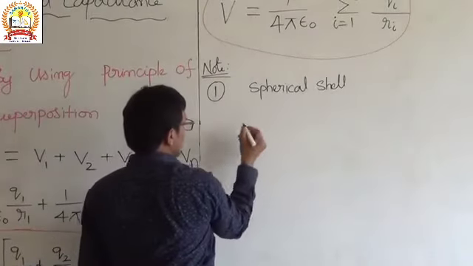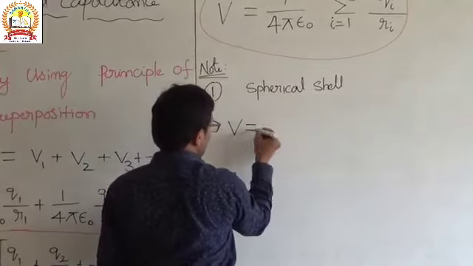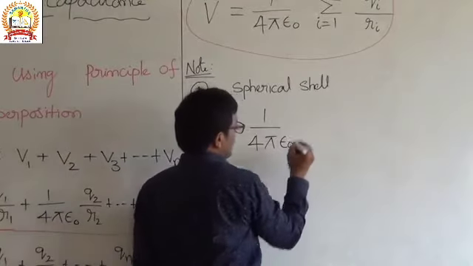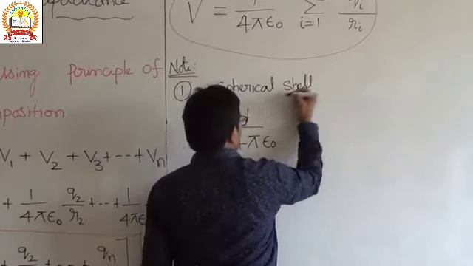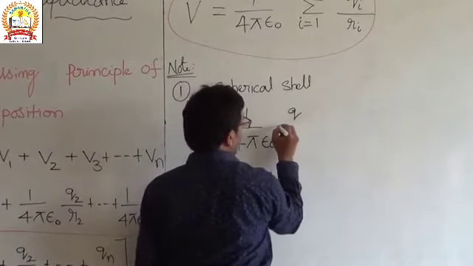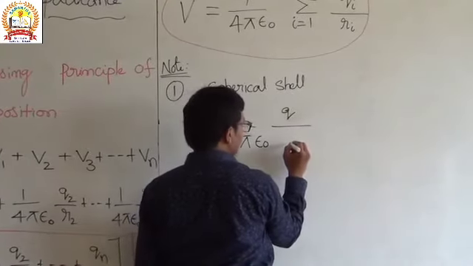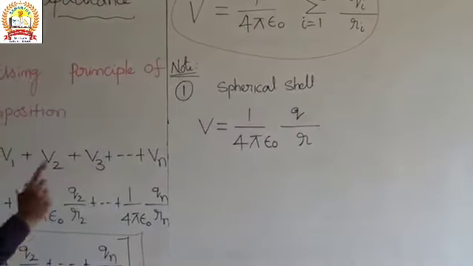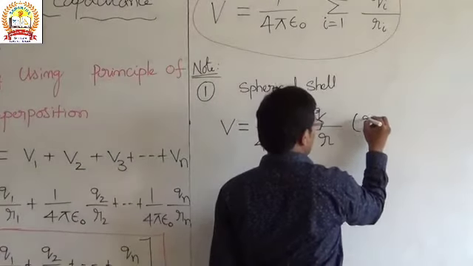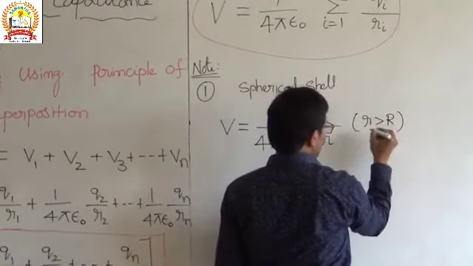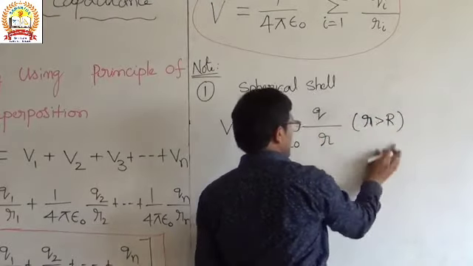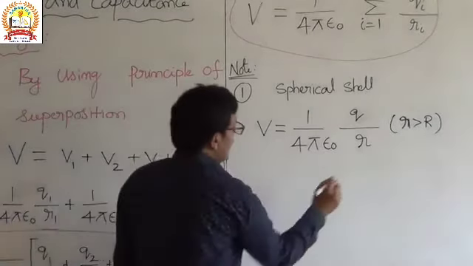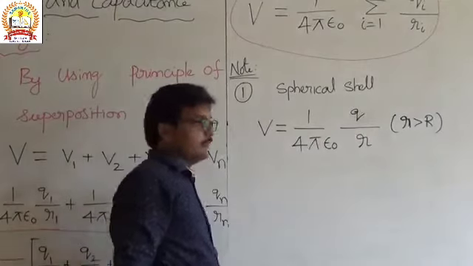Whereas the potential V is equal to 1 by 4 pi epsilon naught q by r, where r is greater than the radius of the spherical shell. So the potential for the spherical shell is 1 by 4 pi epsilon naught q by r, and this is on the surface of the spherical shell.